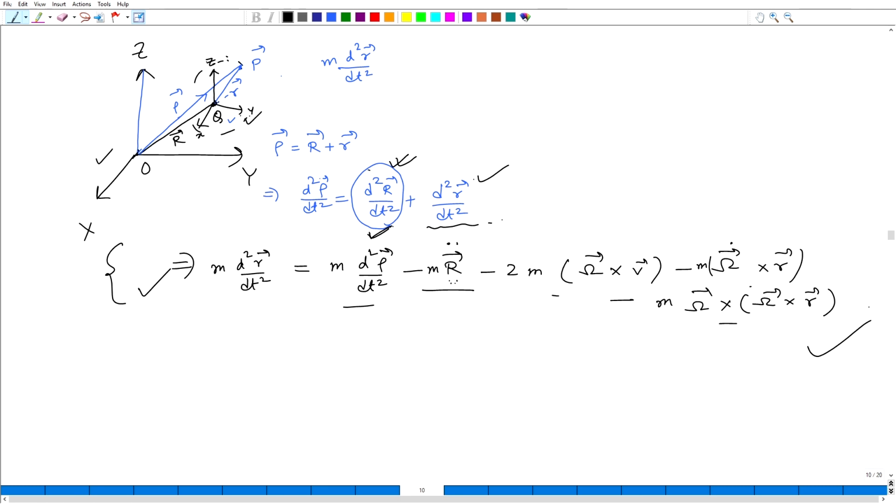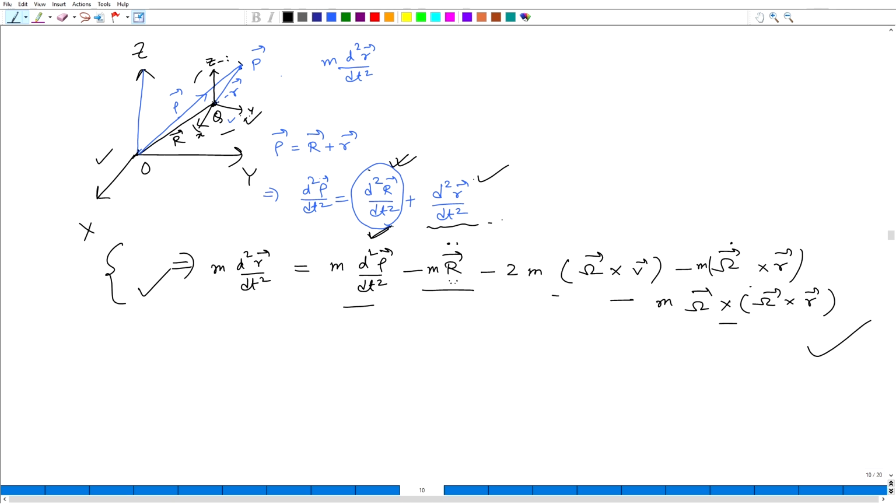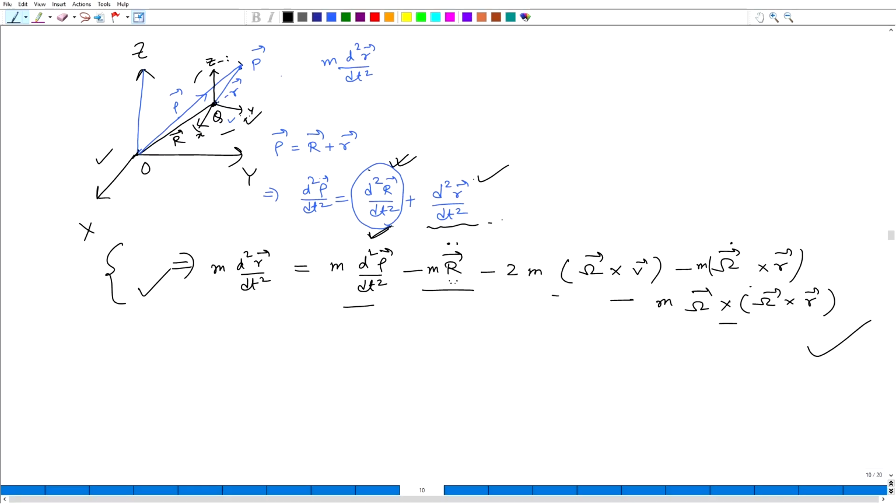So, we have to use this type of equation, and of course, these equations will now be simplified when we are specifically considering that this non-inertial observer is someone who is standing or sitting on the surface of the earth, and that we will now do.